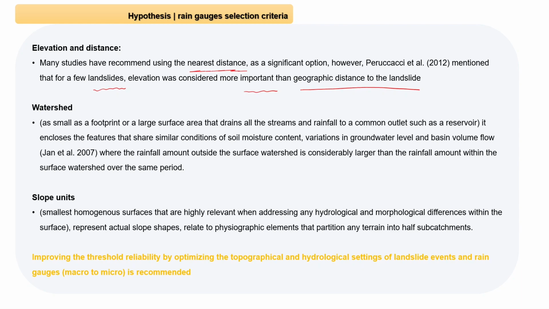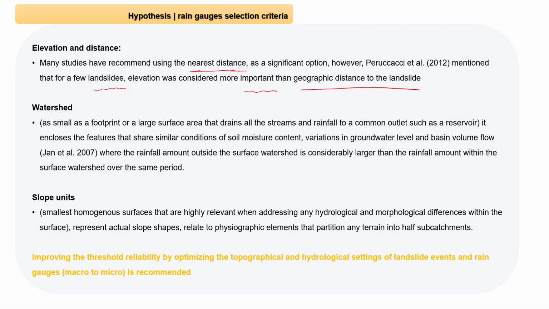In the watershed, the issue is, what is the watershed? It's as small as a footprint or a large surface area that drains all the streams and rainfall to a common outlet, such as a reservoir. This is the watershed. It's a large surface that has all the streams within it going to the common outlet.